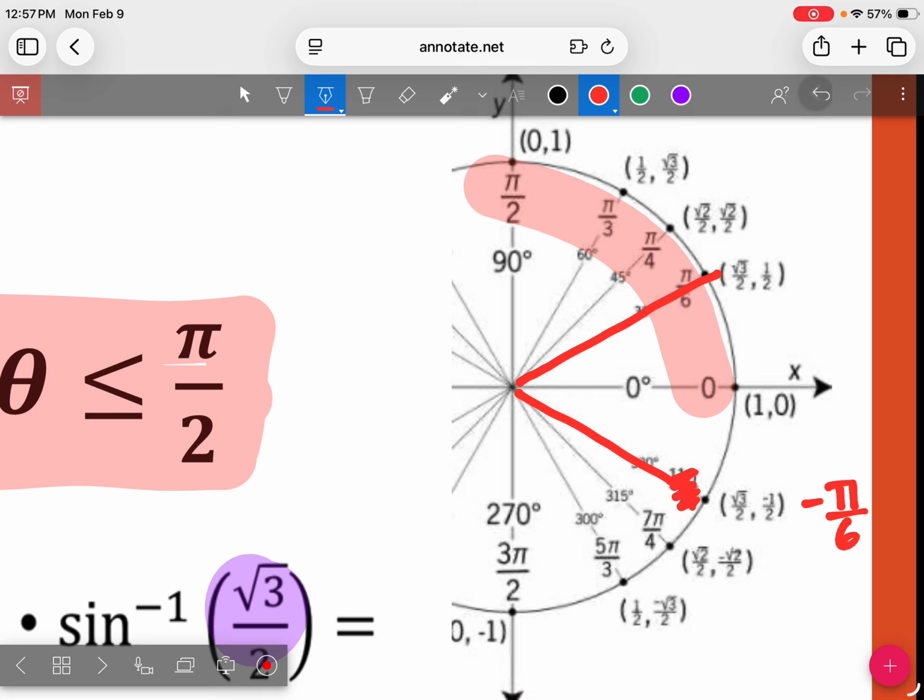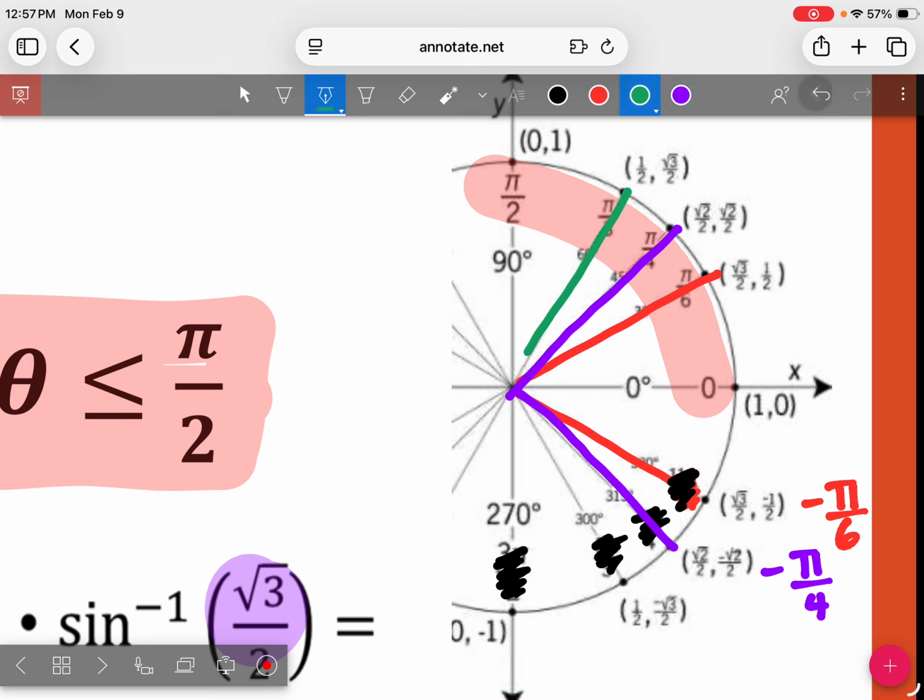So I'm going to cross this off. You can't use these answers right here. We have to flip it so that it's in the range of negative pi over 2 and positive pi over 2. These two angles are reflections. So instead of 7 pi over 4, it's negative pi over 4.